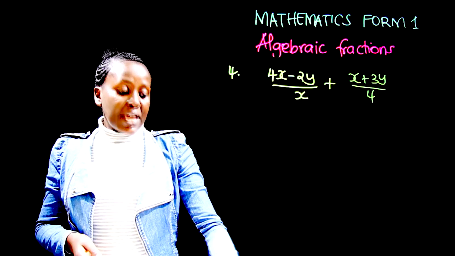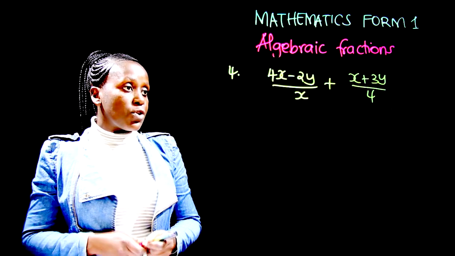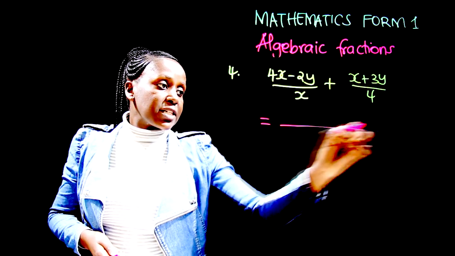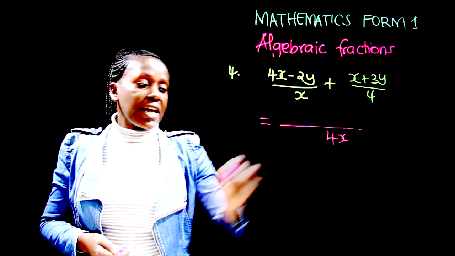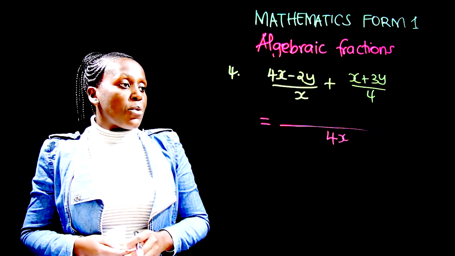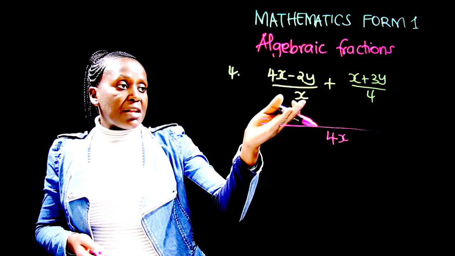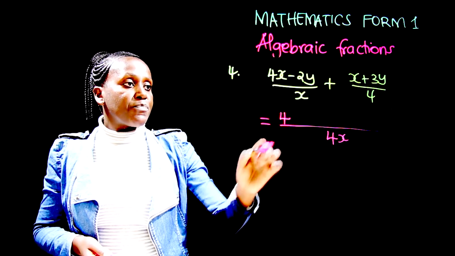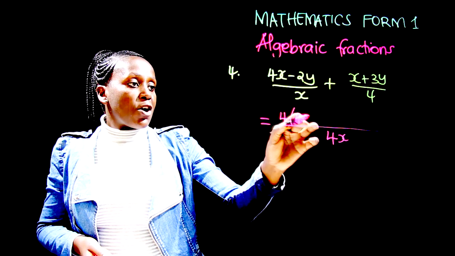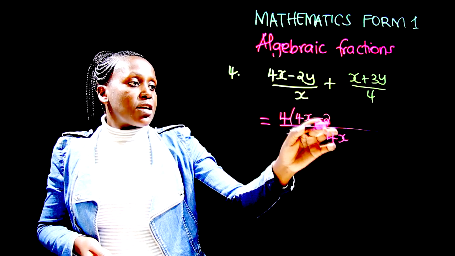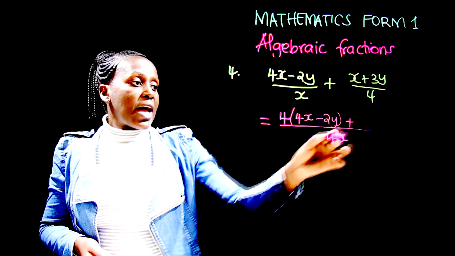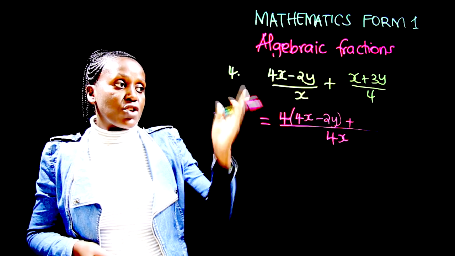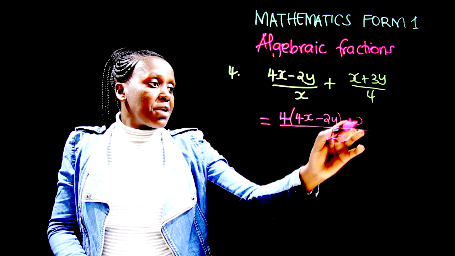We are going to start by getting the LCM of the two, which is x times 4, which is 4x. Okay? 4x is the denominator. So now we divide. 4x divided by x, the x will cancel, we remain with 4. Then we multiply by 4x minus 2y plus 4x divided by 4, the 4's will cancel out, then we remain with x.